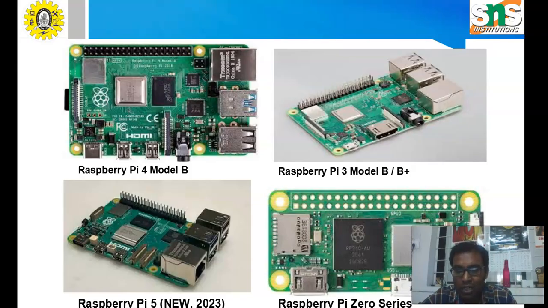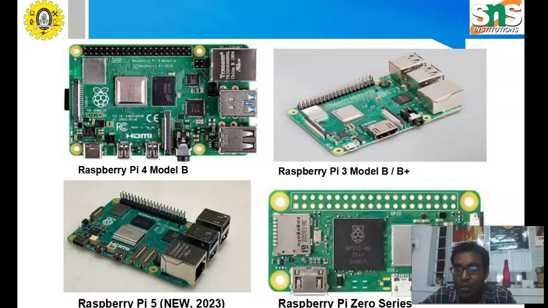The fourth model is the Raspberry Pi Zero series. It is majorly used in embedded systems and also in mini projects. There are many types of Zero series: Raspberry Pi Zero, Raspberry Pi Zero WH, Raspberry Pi Zero 2 W, etc. In the Raspberry Pi Zero model, a single core CPU is used.